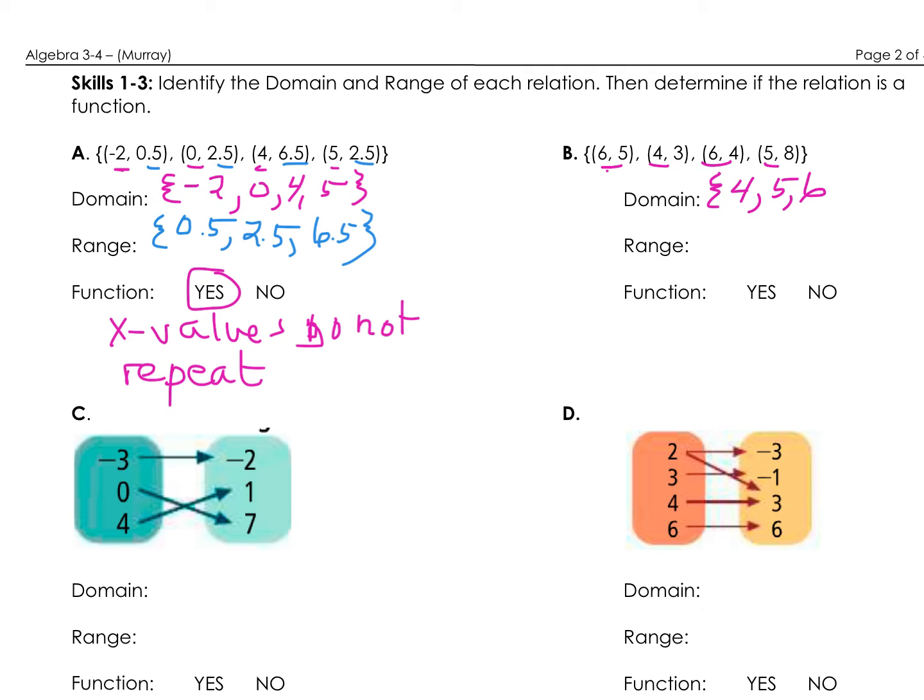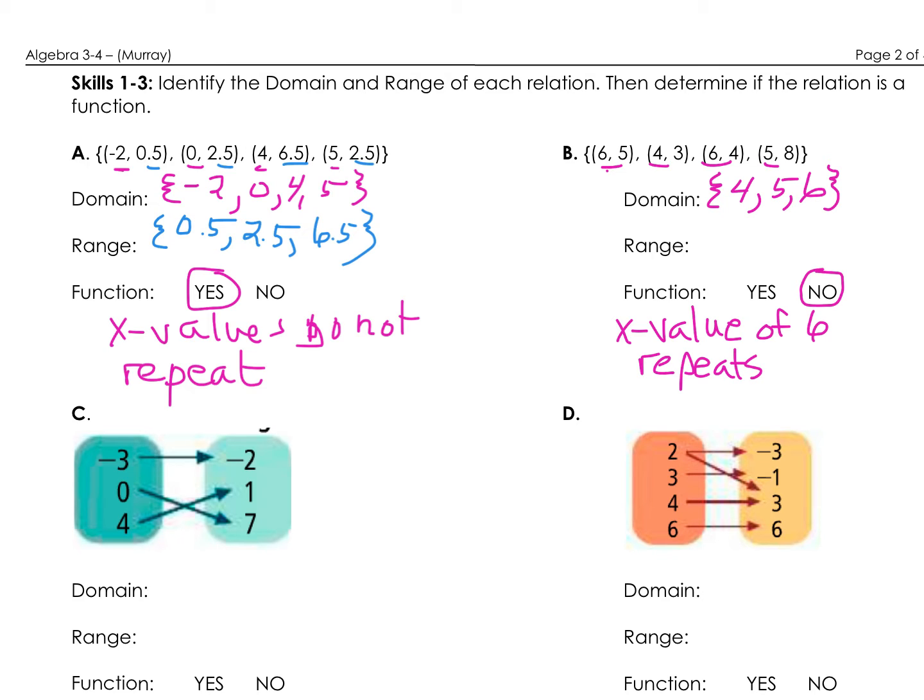And then we are not repeating the 6. Since the 6 repeats, I can automatically tell you it's not a function, and the reason is the x value of 6 repeats. That is your reasoning why it is not a function.